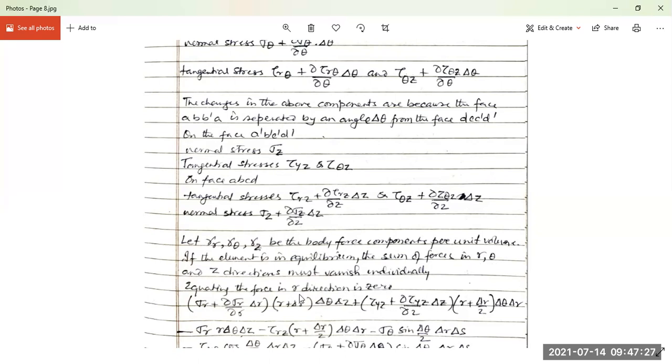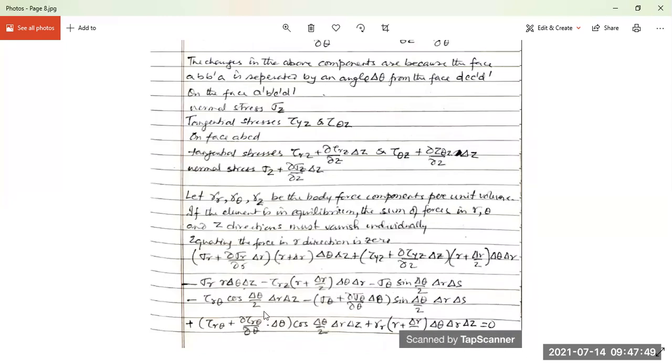So along the r direction, meaning radial direction, we have calculated the stress along the r direction multiplied by the area itself, and shear stress along the z direction multiplied by the area itself, and this is away from the radius. This one is going towards the radius, so it is negative. That's why it is negative.